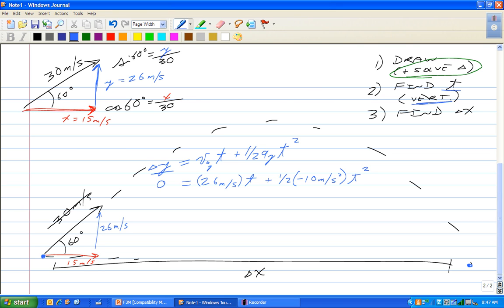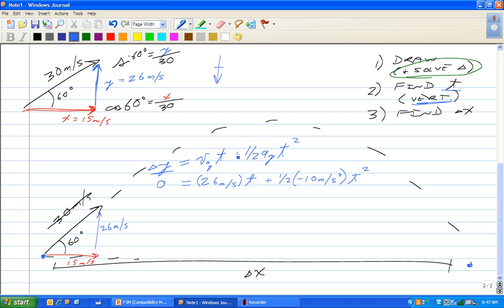Now, could we have said that the acceleration was 10 meters per second squared and not negative 10 meters per second squared? Yeah, I could say that down is positive, right? But what else would that affect in my equation here? Good. Then the 26 is negative.